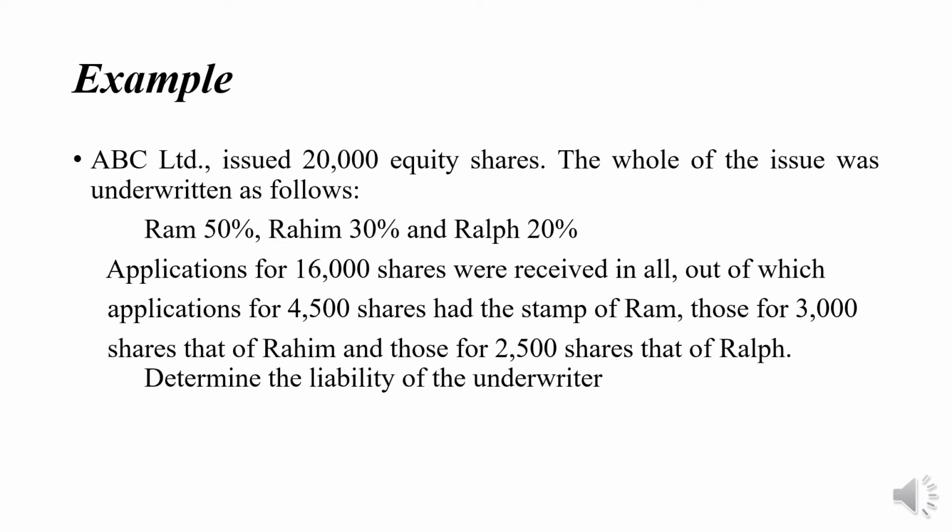Look at here. Applications for 16,000 shares were received. In that, applications for 4,500 shares have the stamp of Ram, 3,000 applications have the stamp of Rahim, and 2,500 shares have the stamp of Ralph.